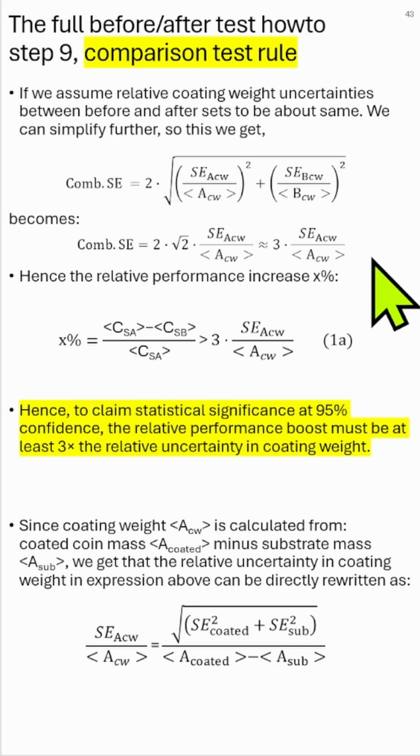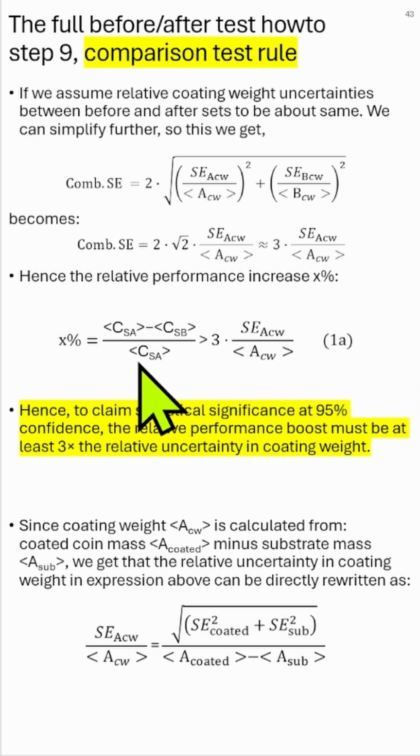So then we see that the criteria that we need to fulfill says that we must be 3 times better in our performance boost than the relative error in the coating weight. That's what this equation says. So we call that equation 1a now.